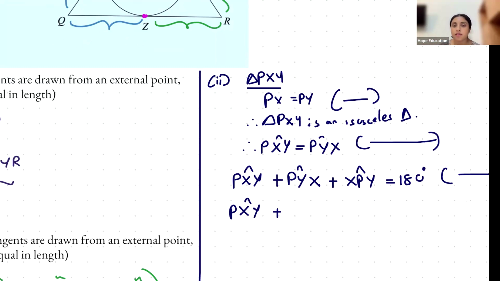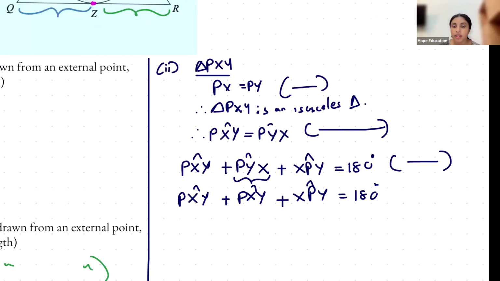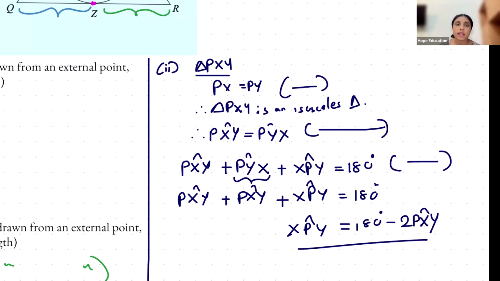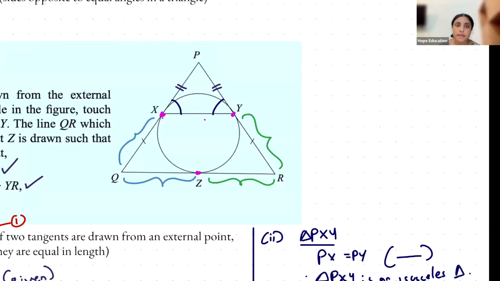Then since PXY and PYX are equal, I will write this as PXY plus PXY plus XPY equals 180. Therefore, XPY is equal to 180 minus 2PXY. Now let's get this big triangle.